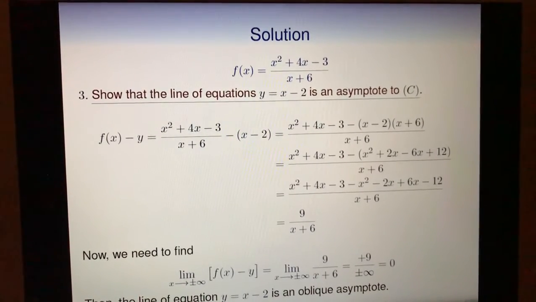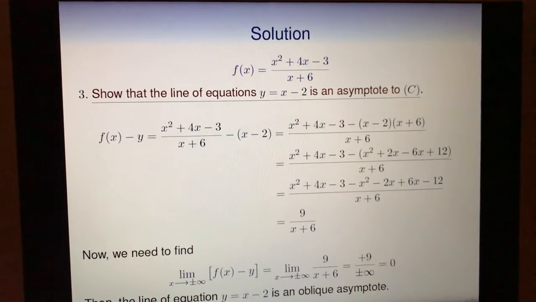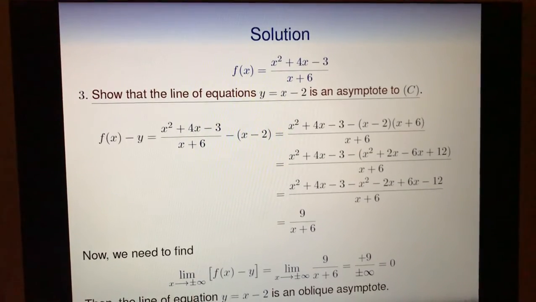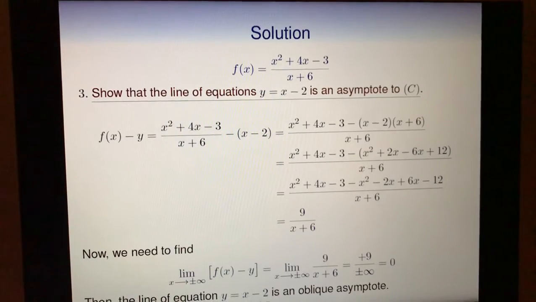The limit as x tends to plus infinity or minus infinity of 9 over x plus 6 is equal to, we just replace x by infinity because this expression is very simplified, so 9 over plus or minus infinity is equal to 0. Now you can conclude that the line of equation y equals x minus 2 is an oblique asymptote.